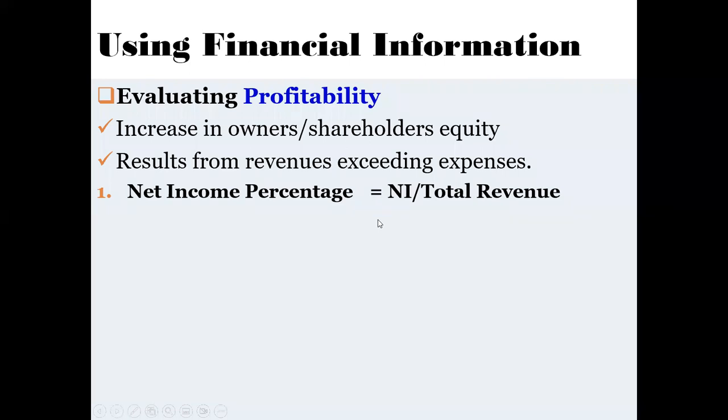Isn't that so? And the total revenue from our income statement is 6,100. So our net income percentage would be 43 divided by 61, and that would be equal to 0.705 or 70.5%.